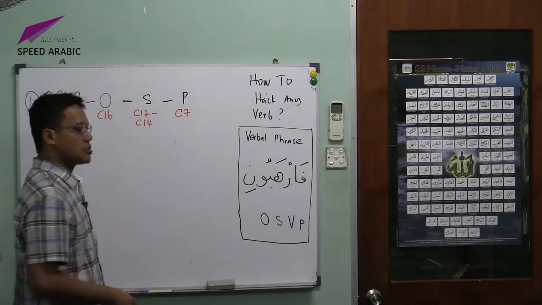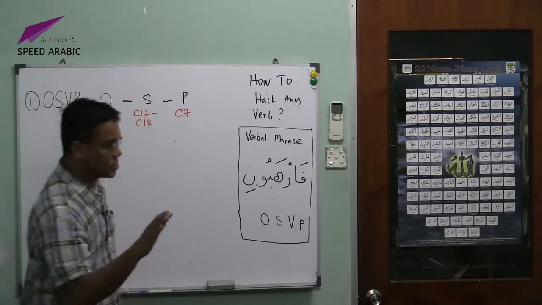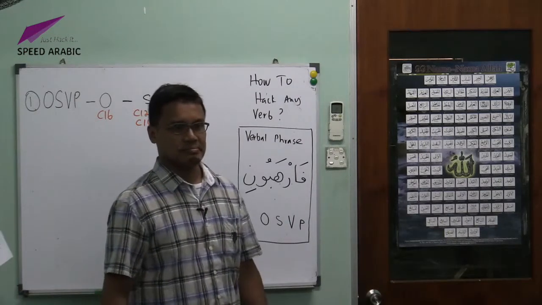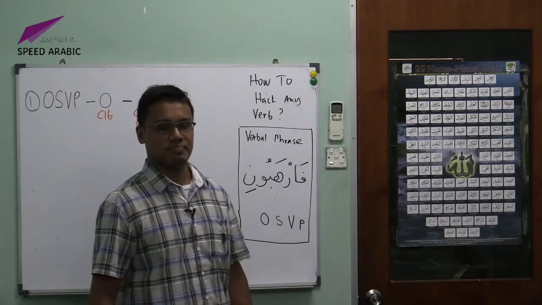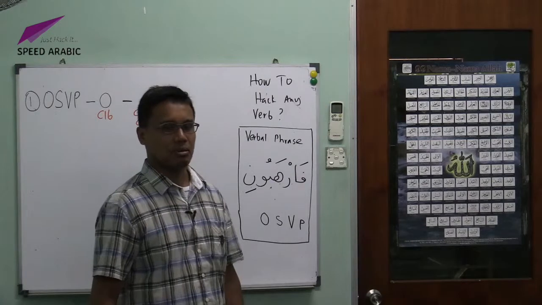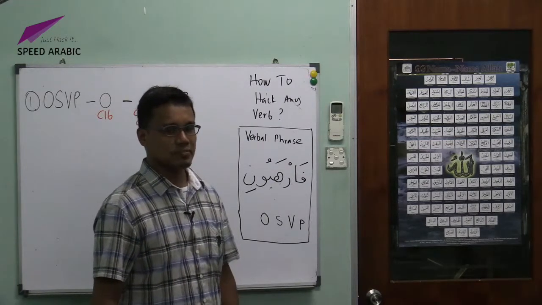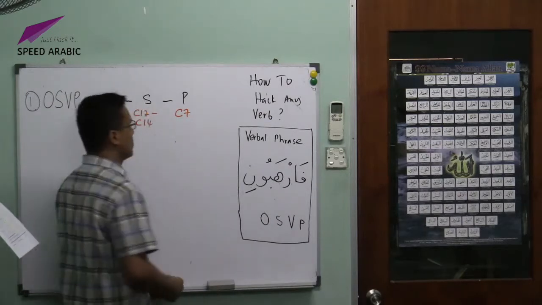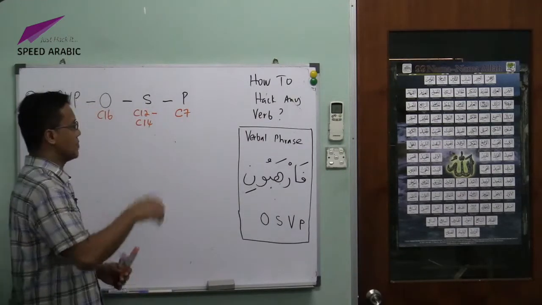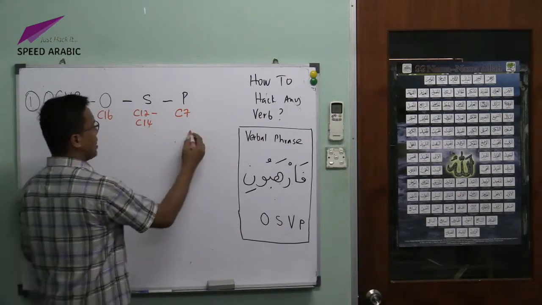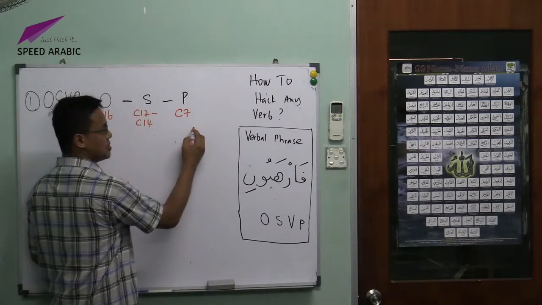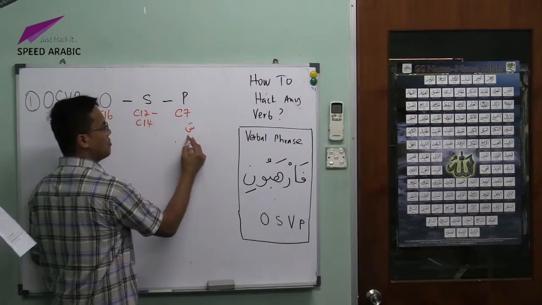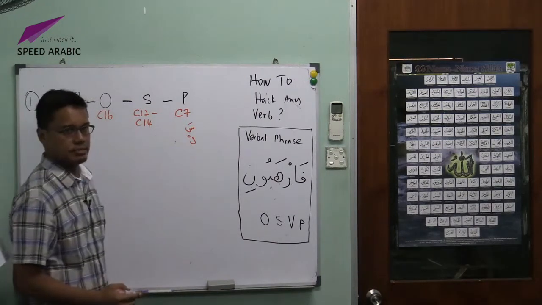Okay, so column 7, can you see a plus V there? Plus V, column 7, not row 7, column 7. Okay, so column 7. So plus V, you have a sa. You see sa there? Sa or lam with a sukun, right?